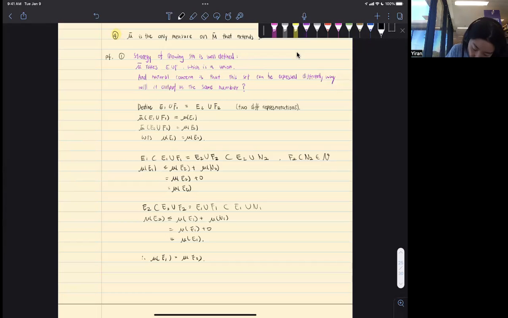Okay, so mu tilde of E is equal to mu of E because mu tilde is an extension of mu, right?